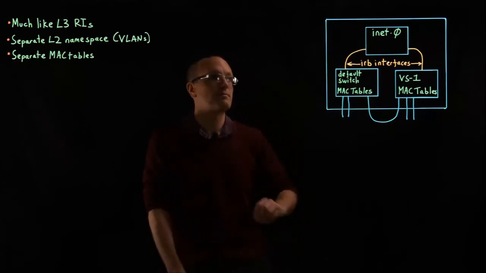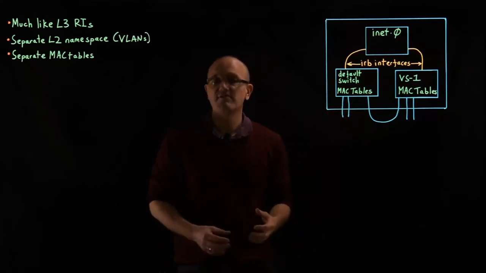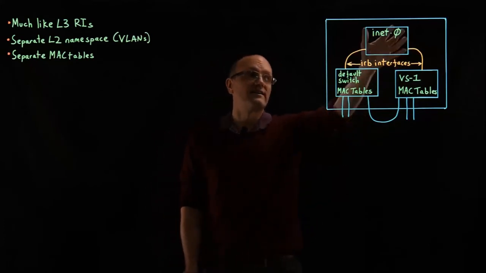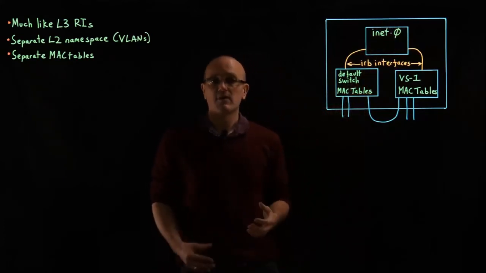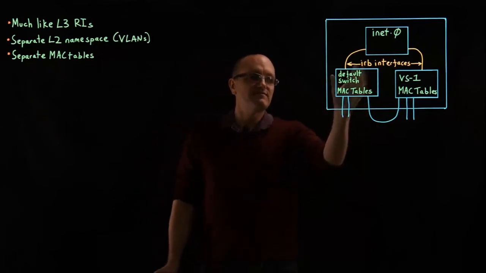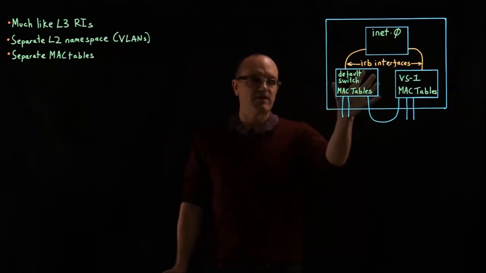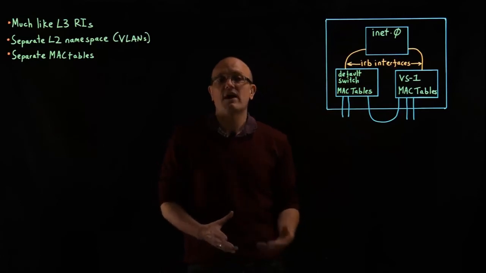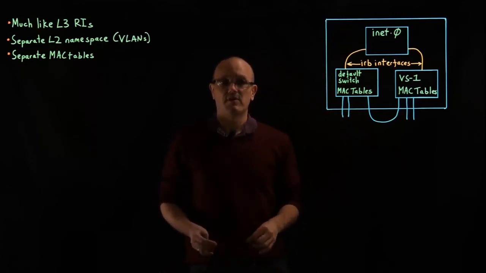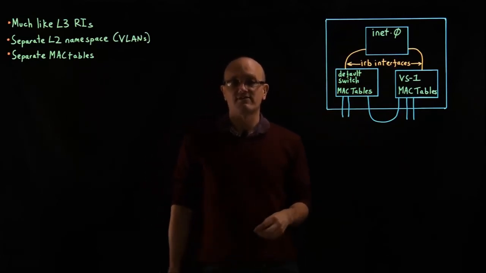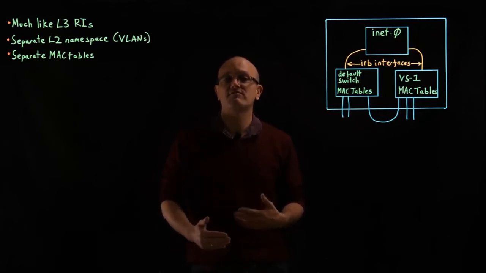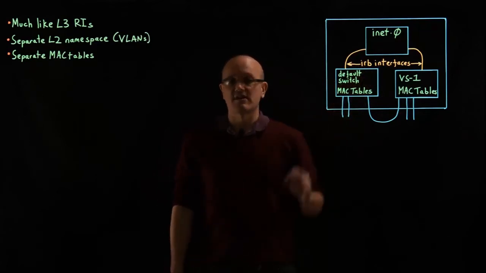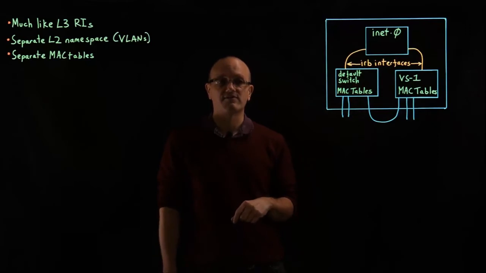So we have our parent IPv4 routing table, inet.0, at the top here. We've got the default switch MAC tables down at the bottom. This is when you have just bridge domains configured outside of routing instances, so just at the parent configuration level, you are configuring bridge domains on your MX device.